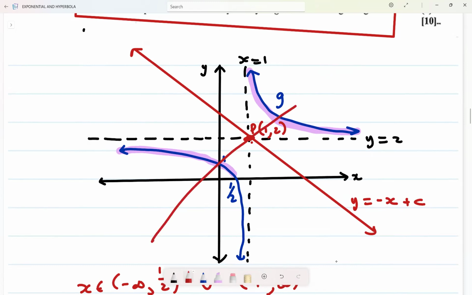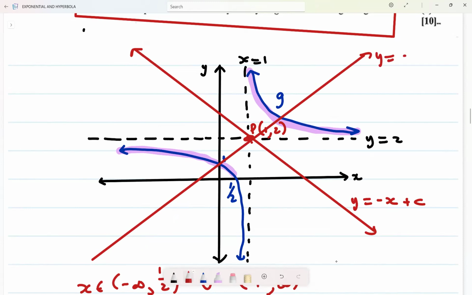So you can substitute y is equal to 2, x is equal to 1 plus c, and then you'll see c will be 3. Therefore, it will be y is equal to negative x plus 3.